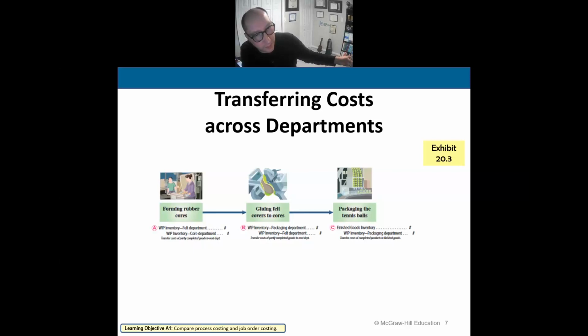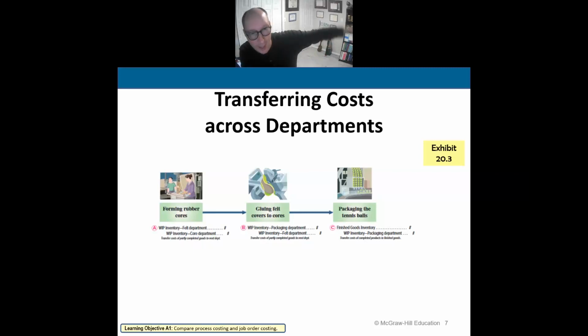When it left the molding department and came into the filling department, it came in as a partially completed unit. It's like 30% done. So I need to transfer those costs from the molding department to the filling department.